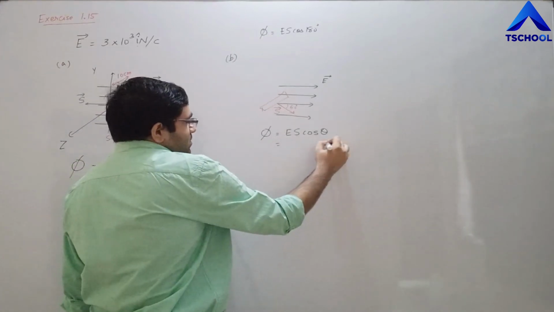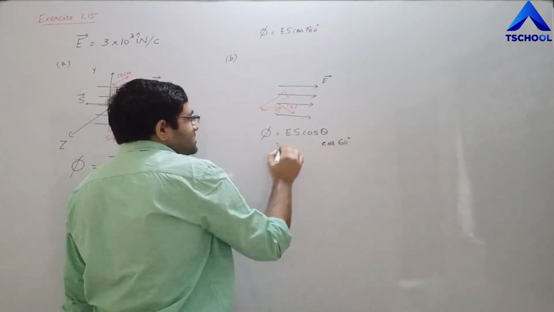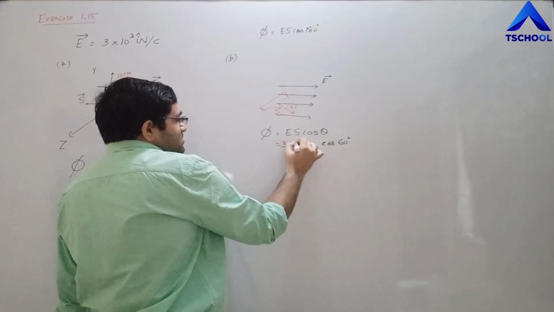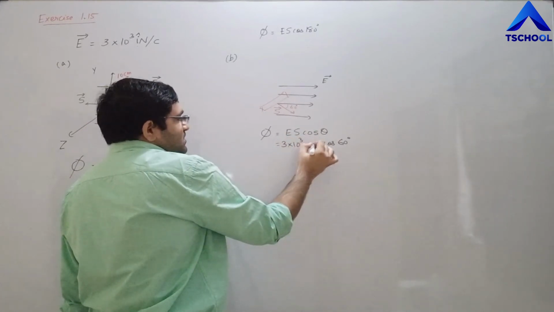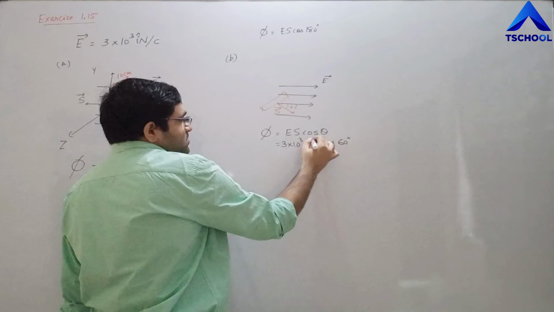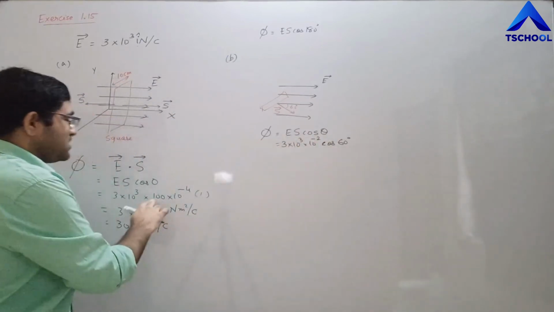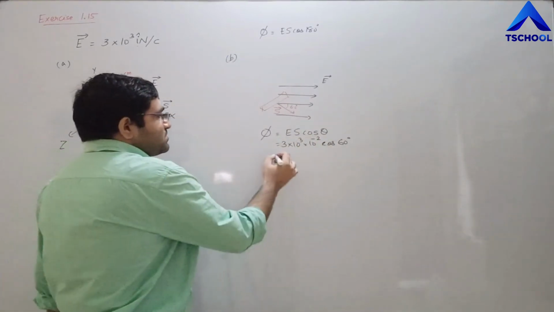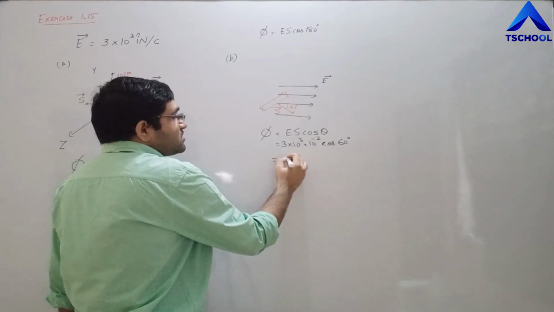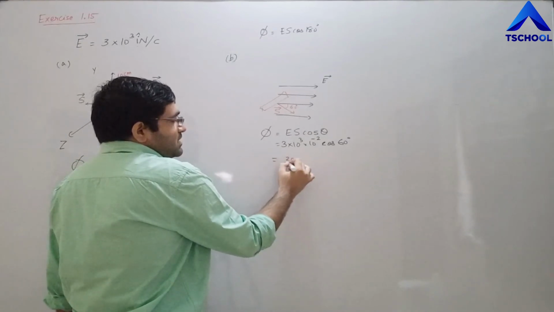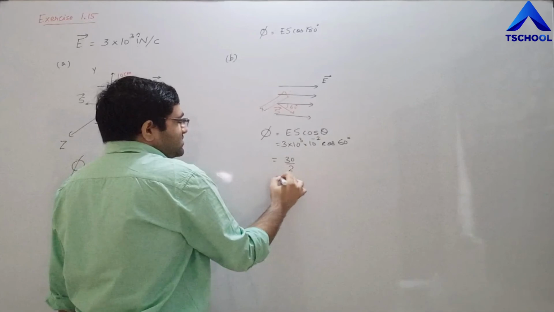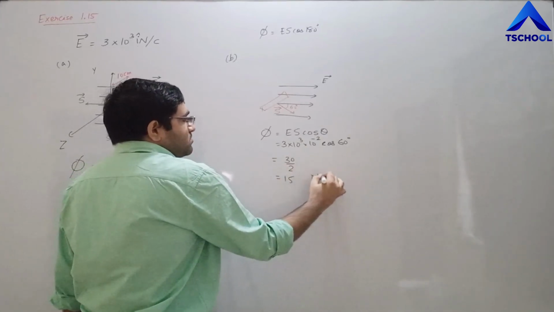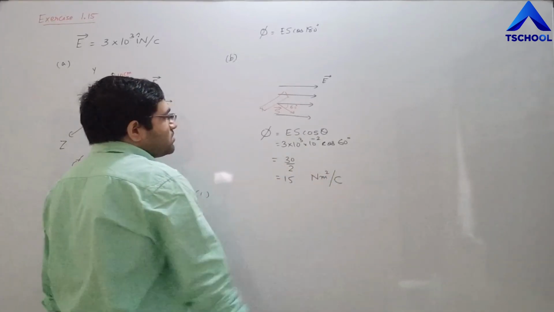So this is going to be cos 60 degrees. E is 3 into 10 raised to 3, and surface area is 10 raised to minus 2 times 10 raised to minus 2, that is 10 raised to minus 4. So finally, you get 30 by 2, that is 15 Newton meter square per coulomb.